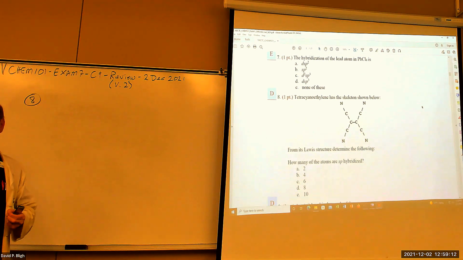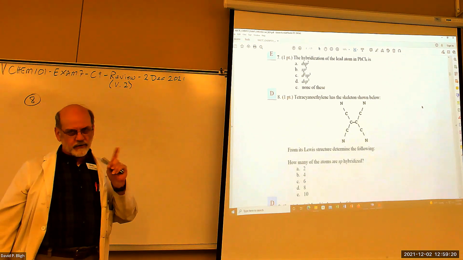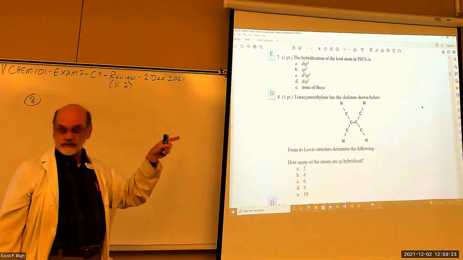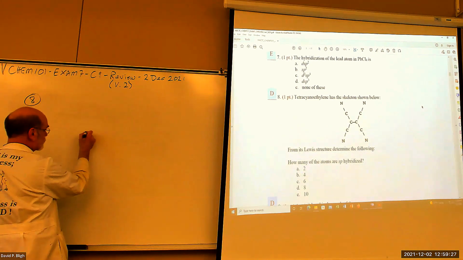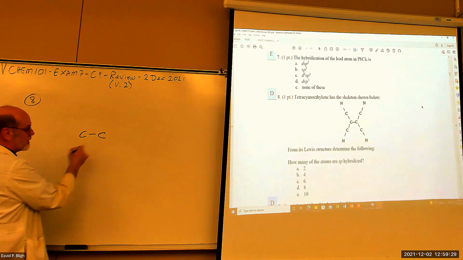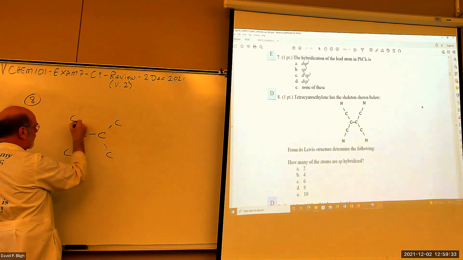But we're going to have to do it the hard way. This is the skeleton structure with no hydrogens. There are no other atoms in here, just those. That's it. Okay? So we know that we can start off with this structure and not have to worry about any extra elements.